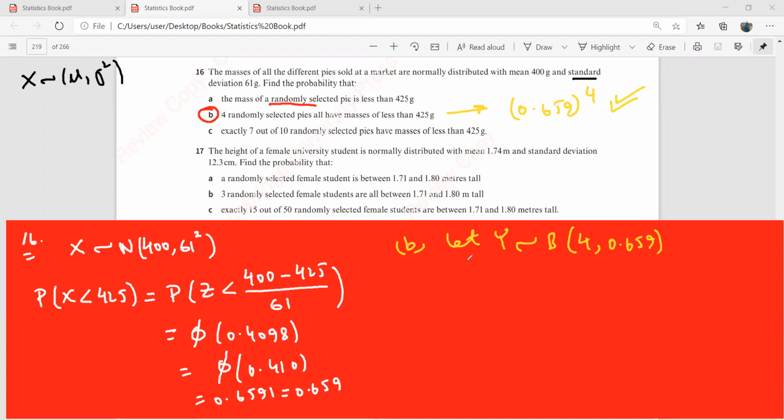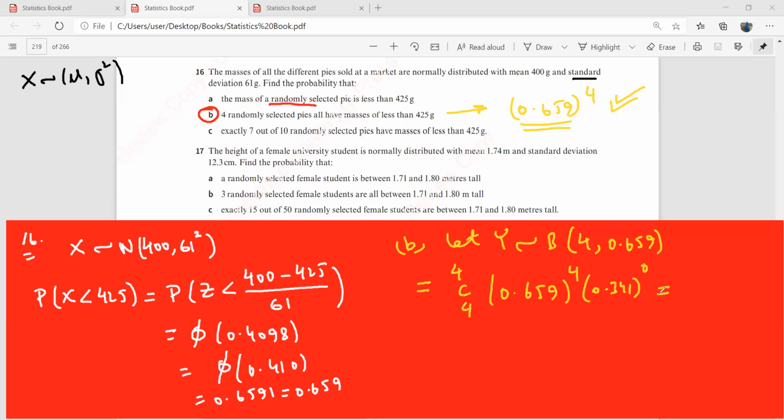But I just want you to recall the binomial distribution, so this would be 4C4 times 0.659 raised to power 4, times 1 minus 0.659, that is 0.341, raised to power 0. So it is the same as you were suggesting: 0.659 raised to power 4.